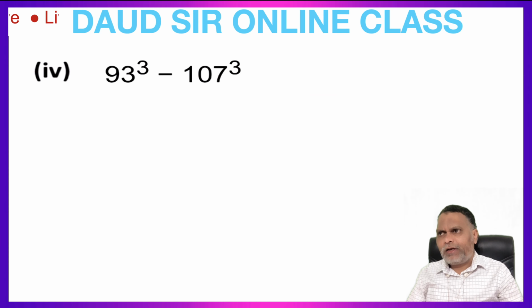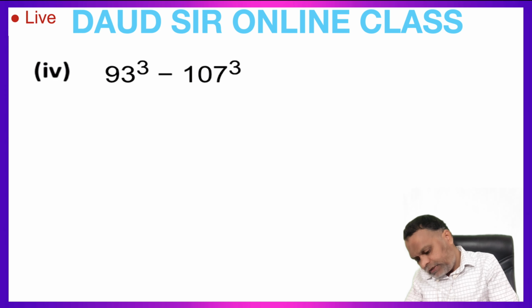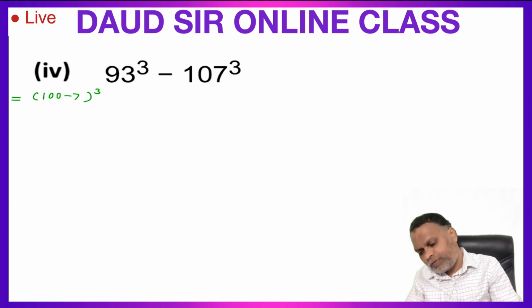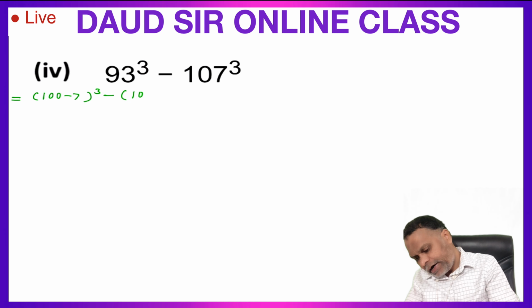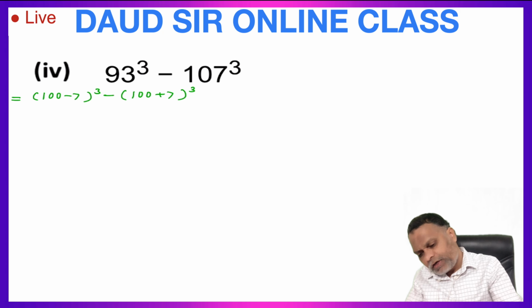Question number 12, last fourth part, 93 cube minus 107 cube. This can be written 100 minus 7 whole cube, this is 93 cube, minus 100 plus 7 whole cube. Now we can apply the identities.